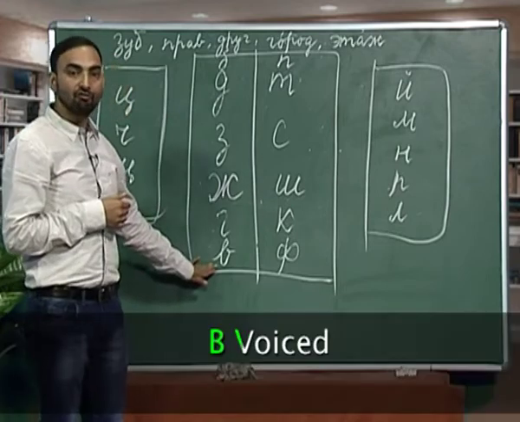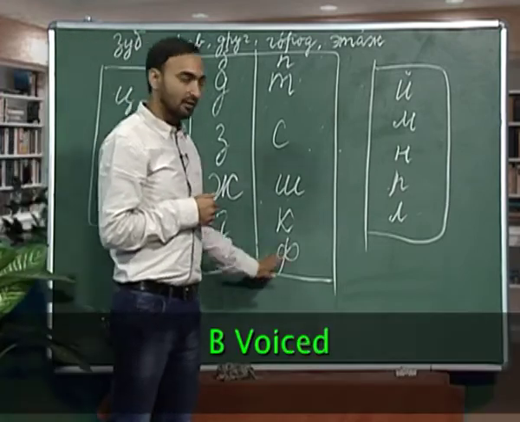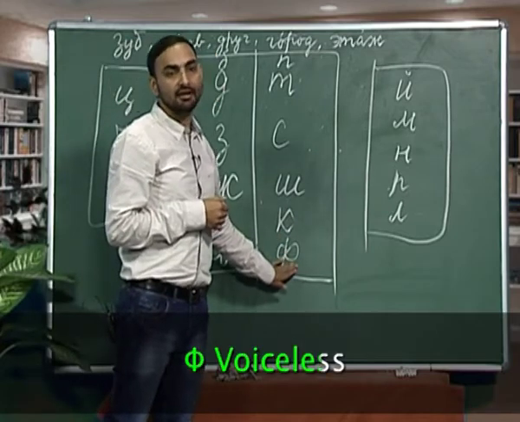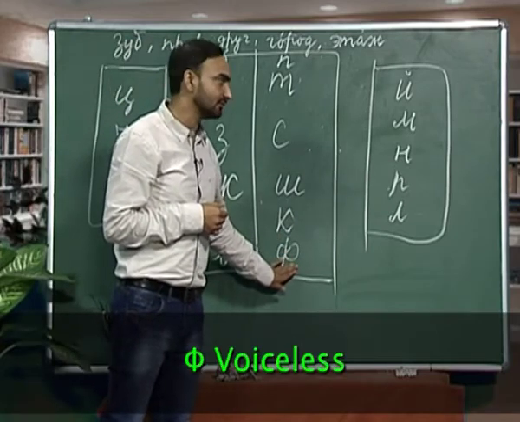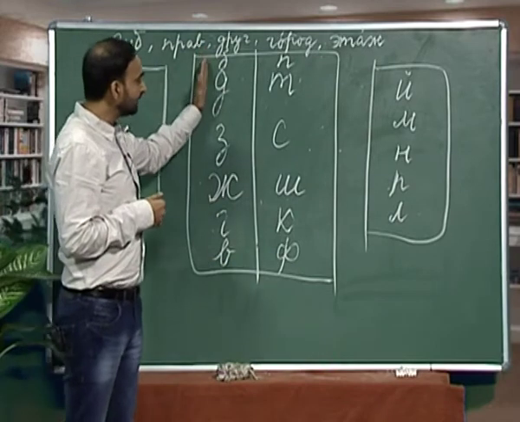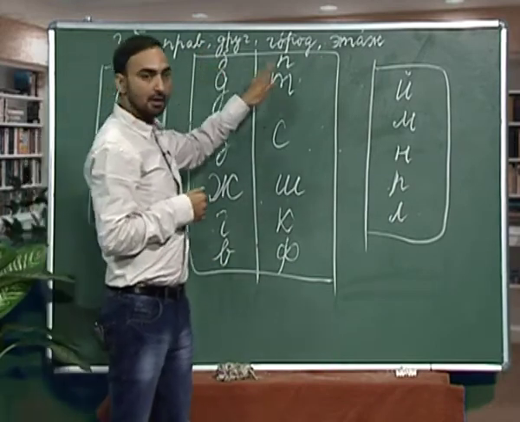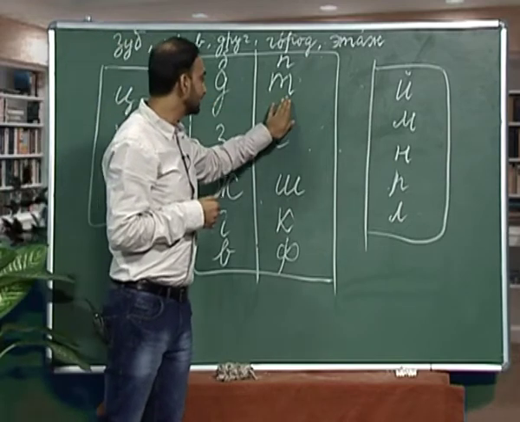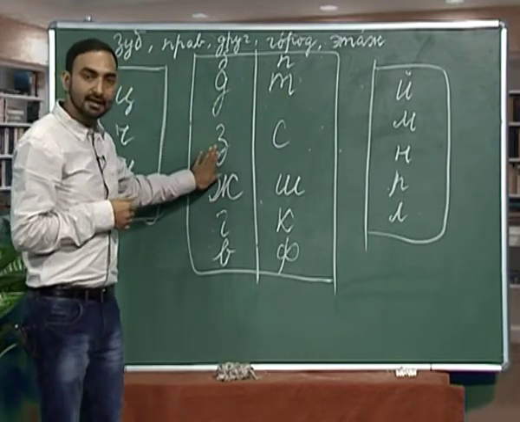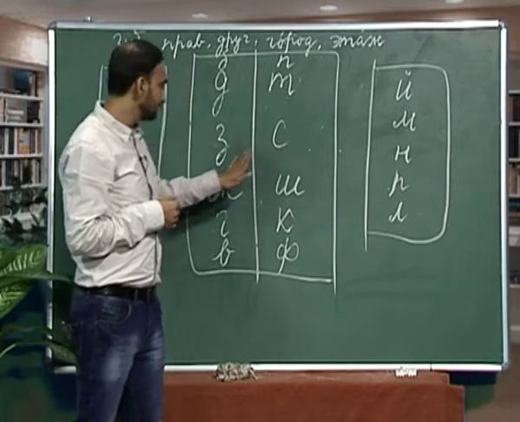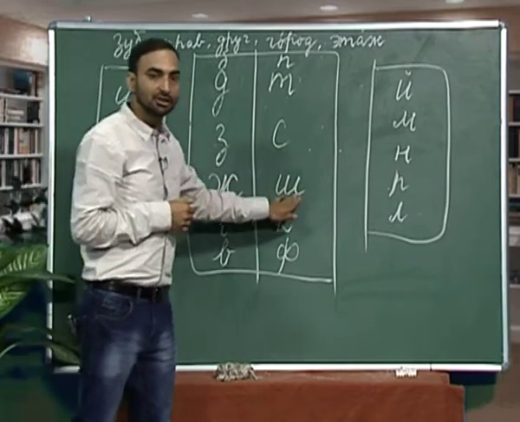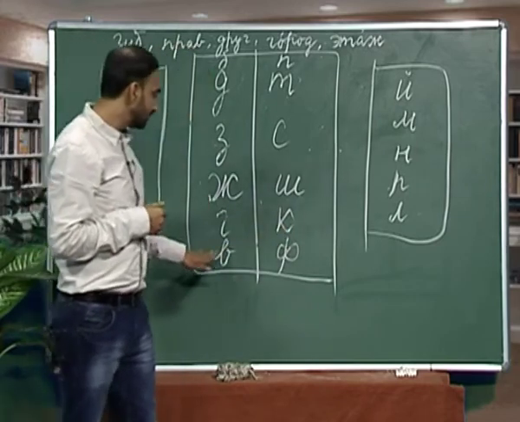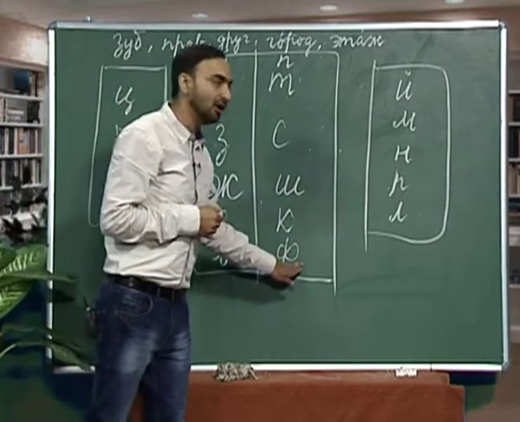Next, V is voiced and F is its voiceless counterpart. So, let us repeat them once again: B, P, D, T, Z, S, J, Sh, G, K, V, F.